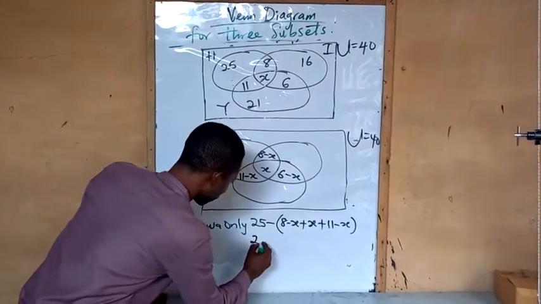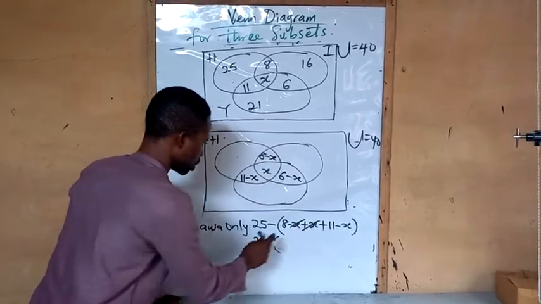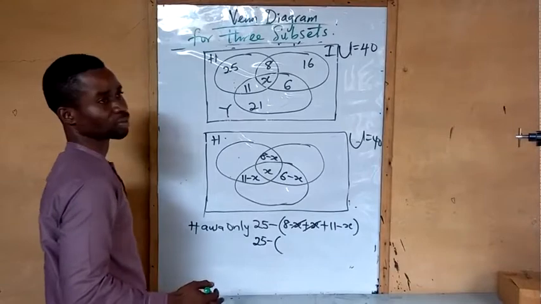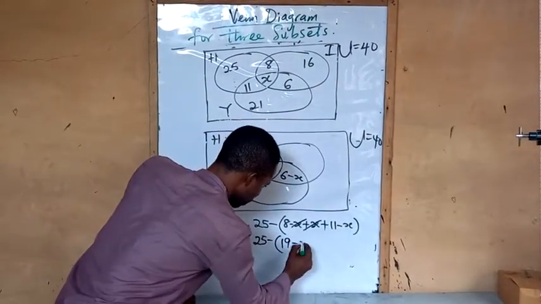That will be 25 minus open bracket. Minus X cancels plus X. So 8 plus 11 is 19, and we have minus X here.